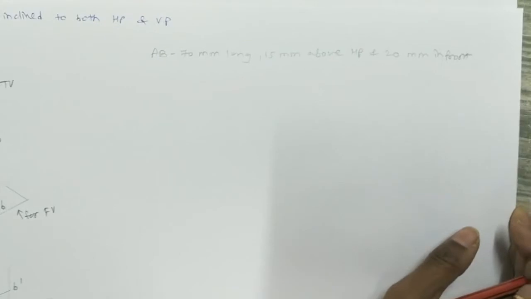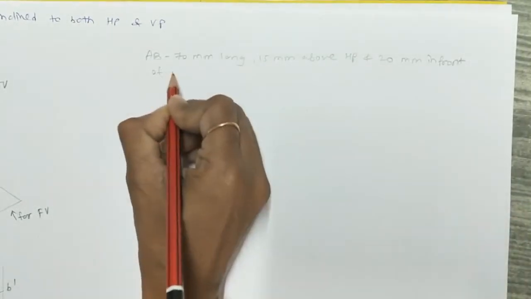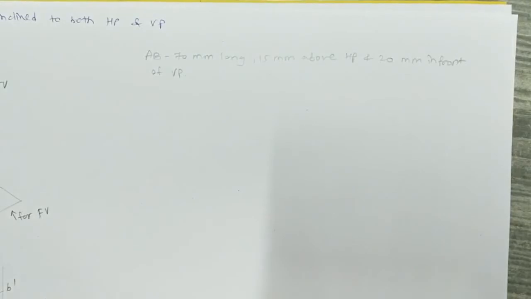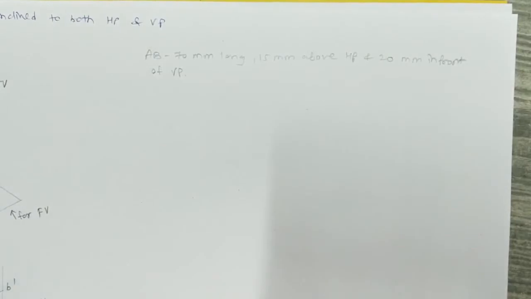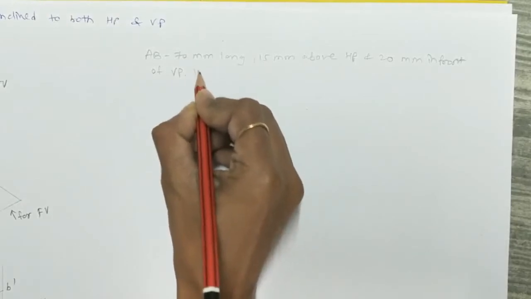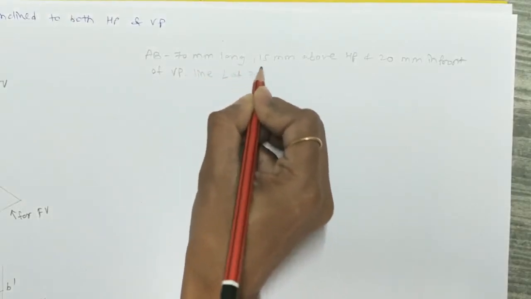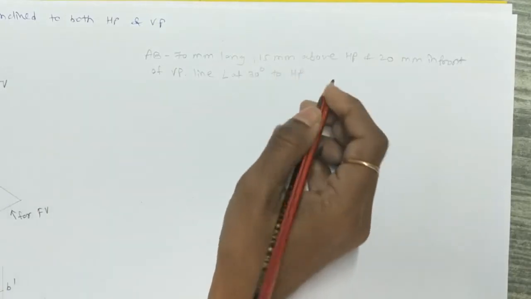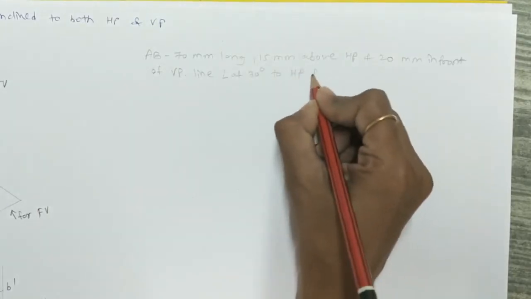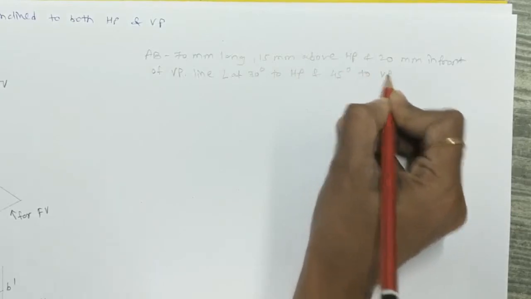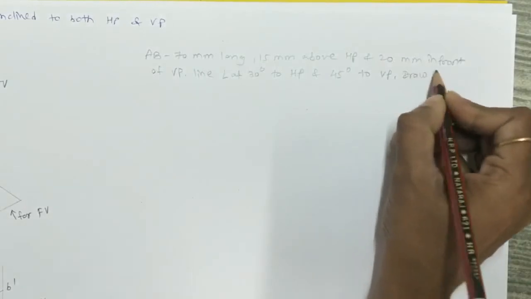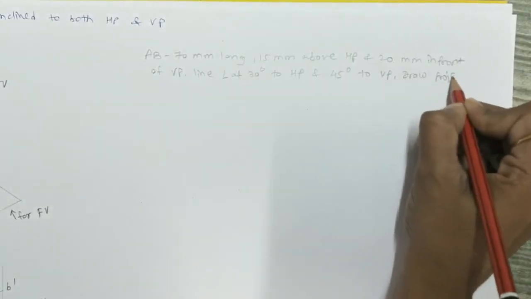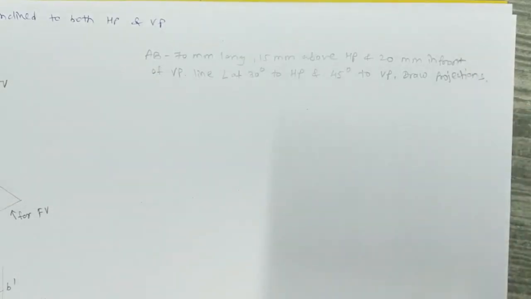The line is inclined at 30 degrees to HP and 45 degrees to VP. Draw the projections.